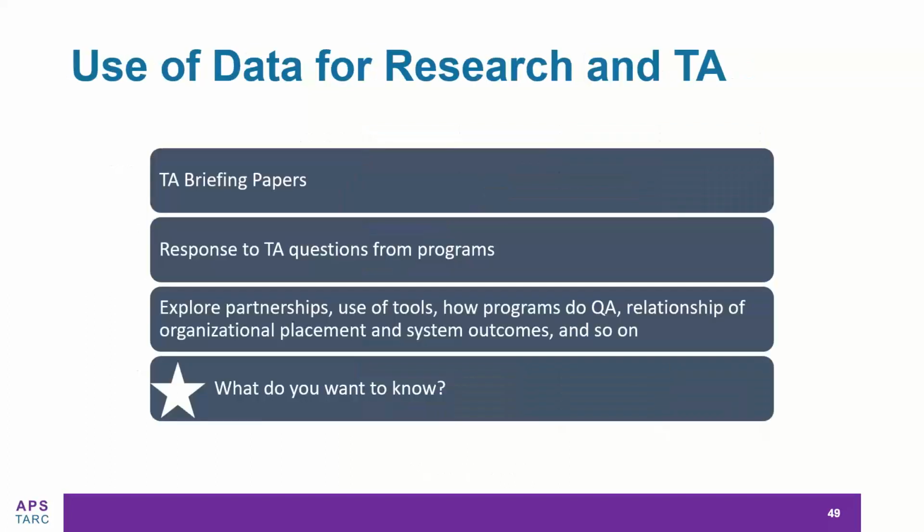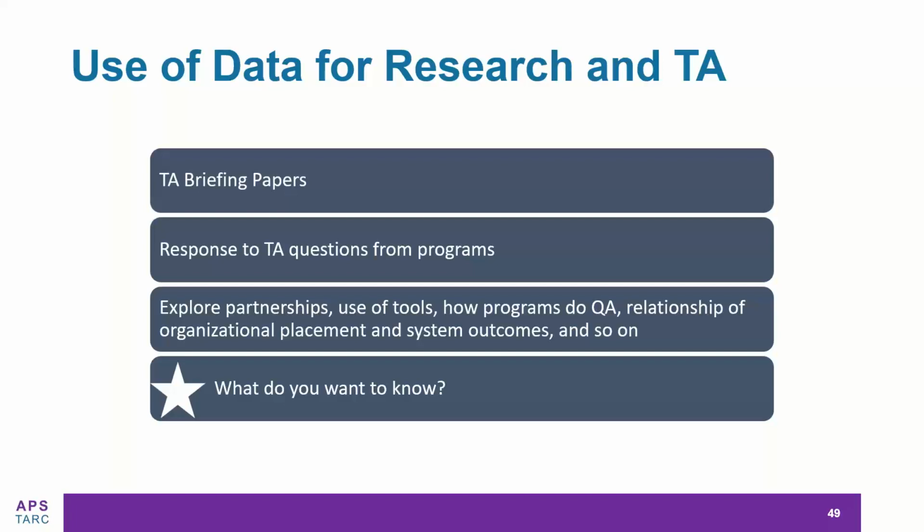Next slide, last takeaway is another process one on this data that we have gathered. So it's going to be very useful for us, has been useful to us already. We use it to respond to TA questions from programs all the time. Who does what? How do they do it?